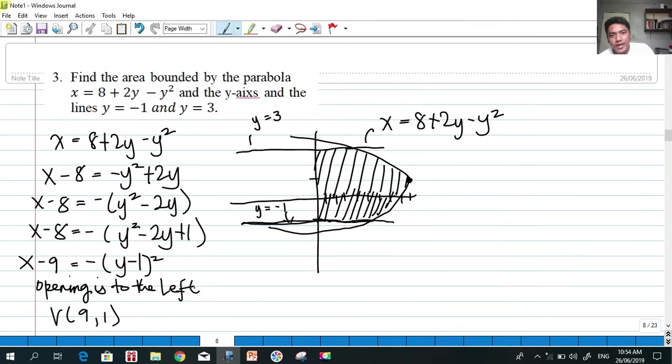Okay. So the next step is, what method are we going to use? What strip?